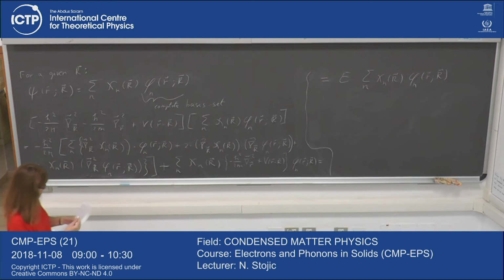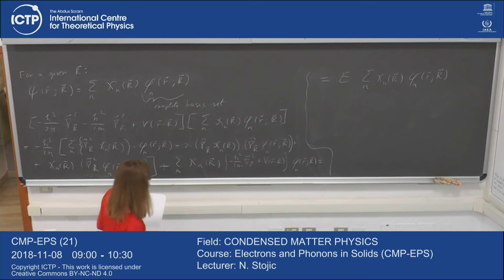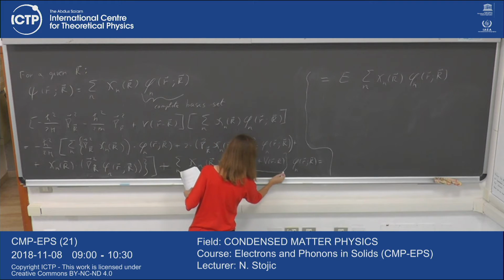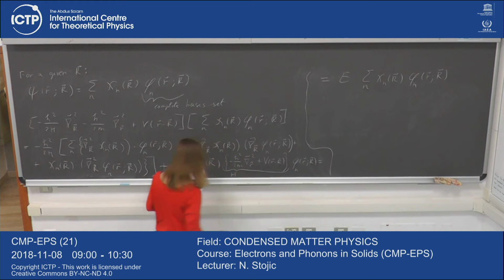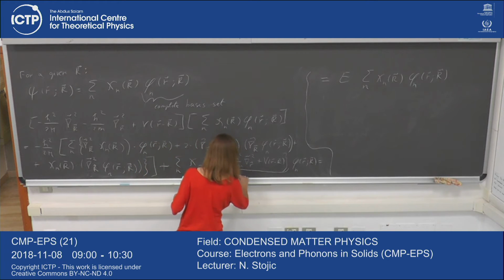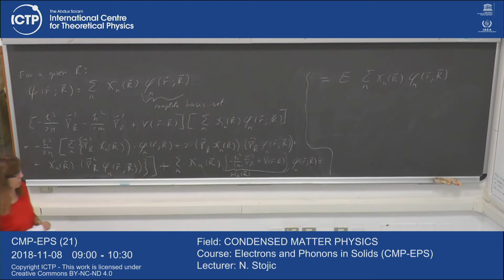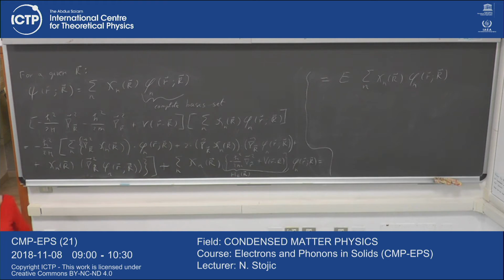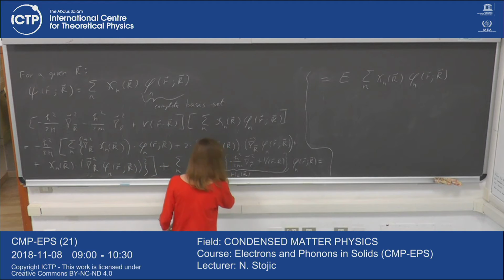Now there is something one can recognize here. This is just the Hamiltonian for the electron, H E of R, okay? That is acting on the eigensolution of that Hamiltonian. So this part will just give the eigensolution.